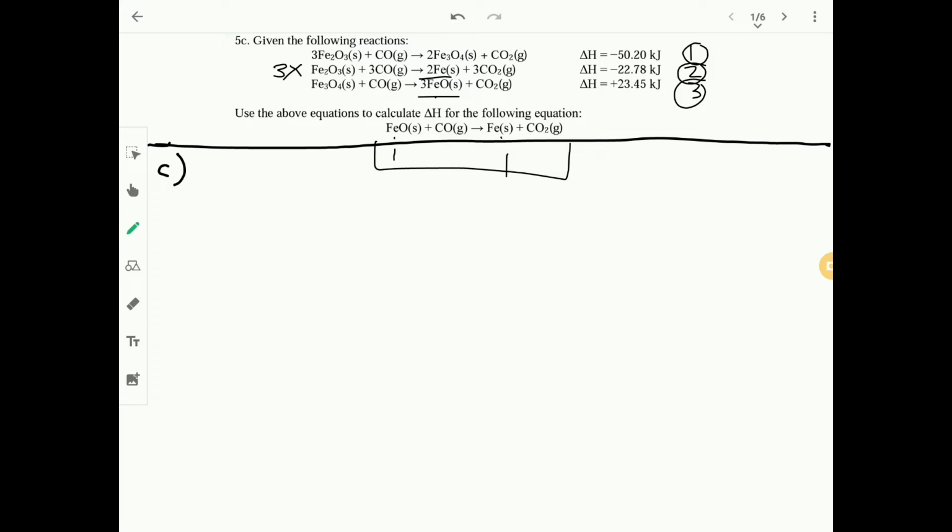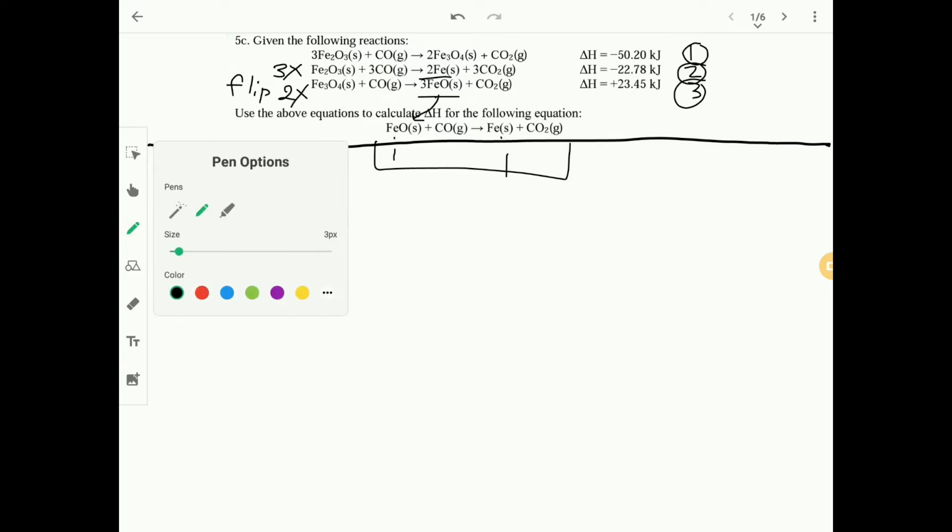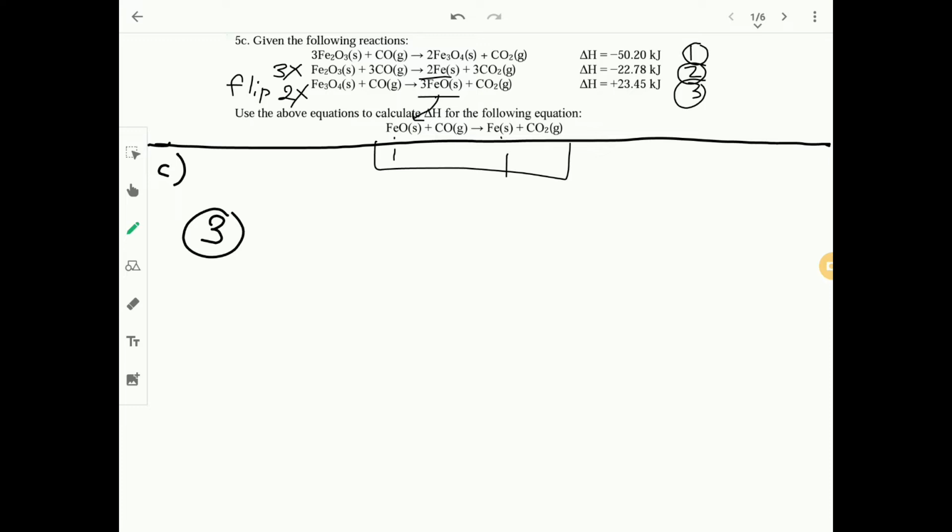And since FeO is required on the left side, we flip. So let me just write flip. Then multiply by 2. So now I'm working on reaction 3. Reaction 3: flip, multiply by 2. I have flipped, so 6 FeO. I'm not going to write the states because it's going to take a long time.